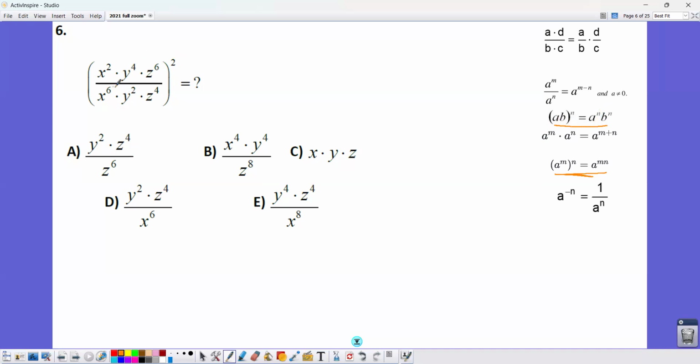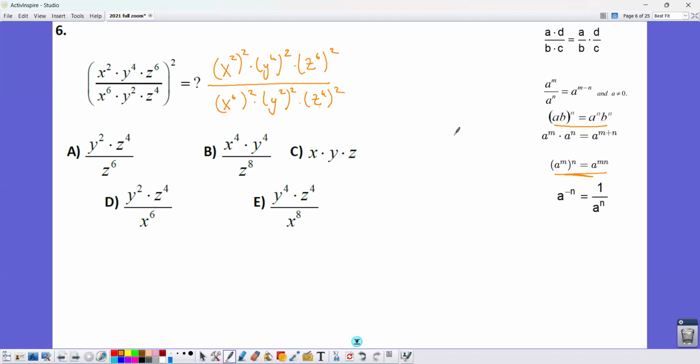So 2 will go to each term inside the parentheses. So it will become x squared 2 times y to the power of 4 squared times z to the power of 6 squared over x to the power of 6 squared times y squared times z to the power of 4 squared.